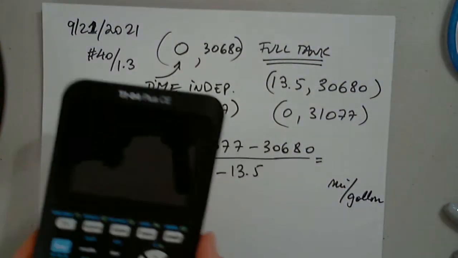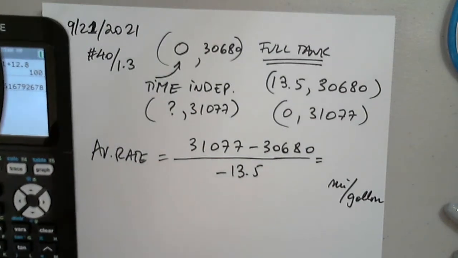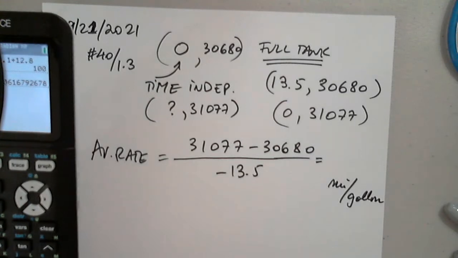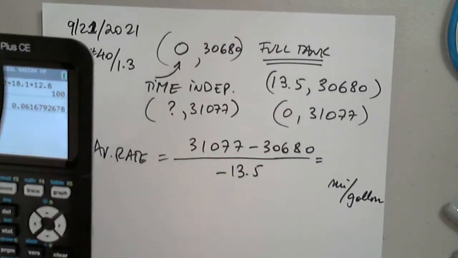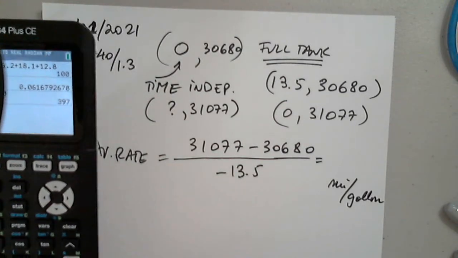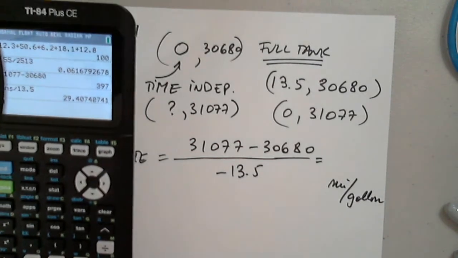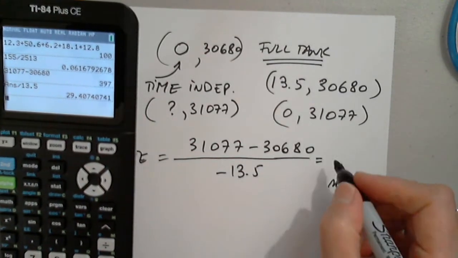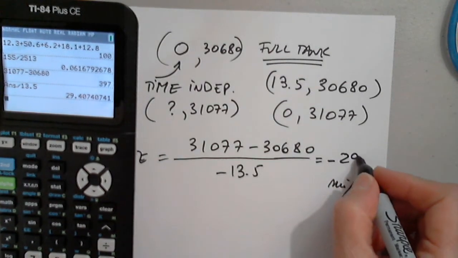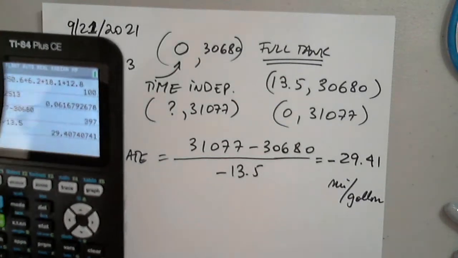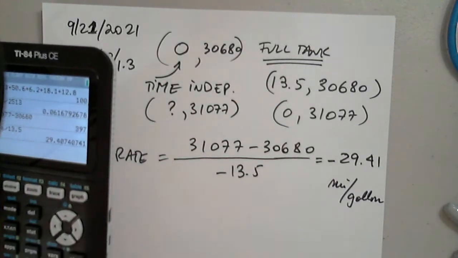Okay, I have my calculator right here. So I divide 31077 minus 30680. Lazy people use a calculator for a difference, and that's what I'm doing, and divide by 13.5. So it's negative 29.41. Now it depends if they said anything about how to present the answer.